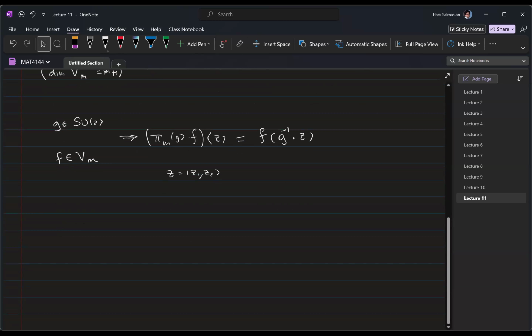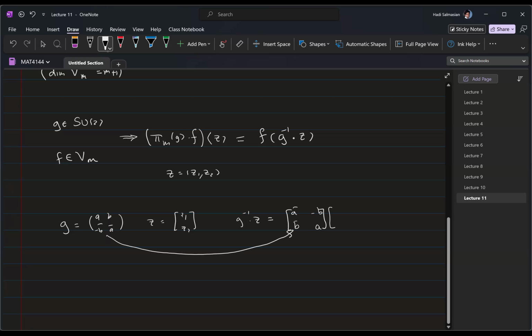What does this mean? Well, g is of the form a, b, minus b bar, a bar. z really is this vector z1, z2, and I write it as a column vector. So now g inverse z. What is the inverse of this matrix? I have computed it. This is going to be a bar, minus b, b bar, a.